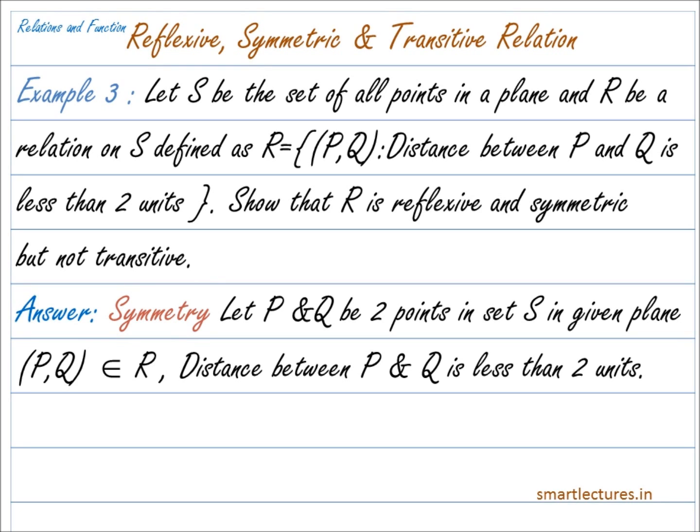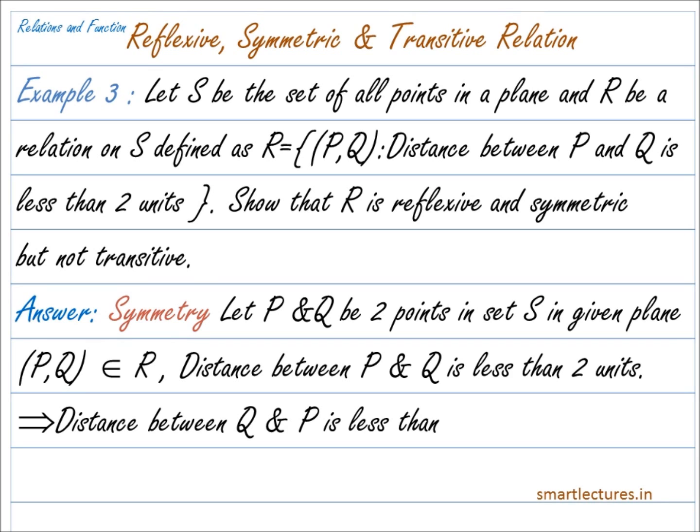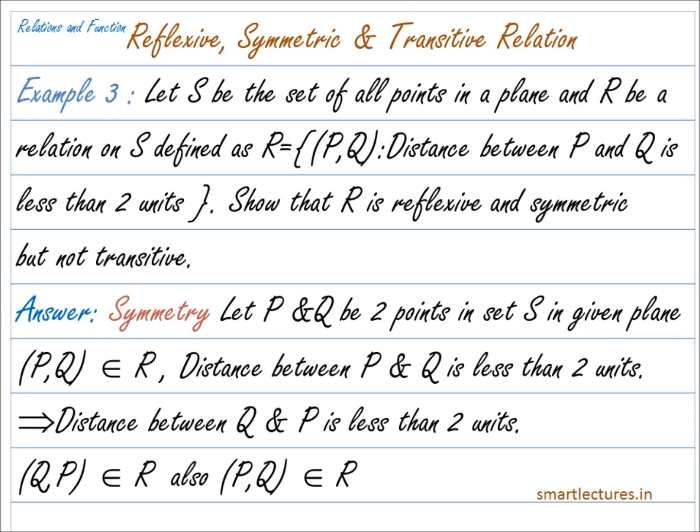We can also say the distance between Q and P is also less than 2 units because the points are the same. But if the distance between Q and P is less than 2 units, then that also means (Q, P) also belongs to R. Now (P, Q) belongs to R and (Q, P) belongs to R. So the given relation R is symmetric on S.